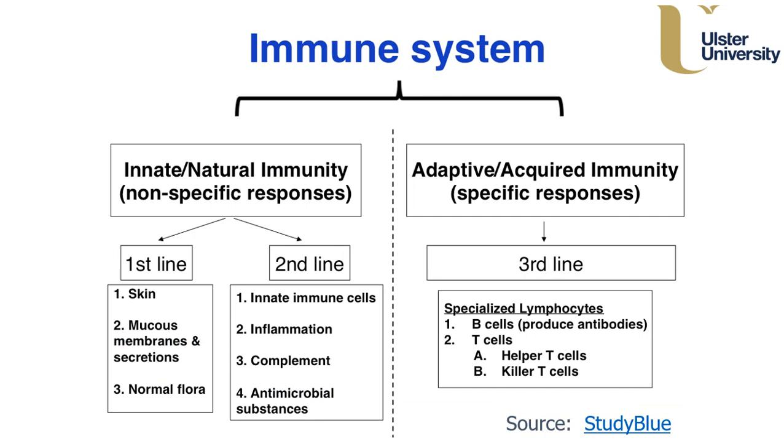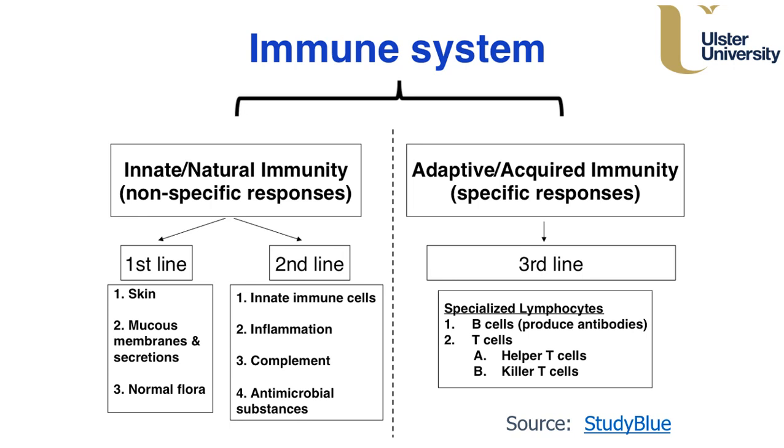The first line of defense against pathogens includes the skin, the mucous membranes, and the secretions from these membranes, also normal flora that's present in the gastrointestinal tract. So, if a pathogen navigates its way through the first line of defense, which it does daily, then the innate immune system is initiated, and this includes the generation of an inflammatory response and the group of proteins that we've just described, complement.